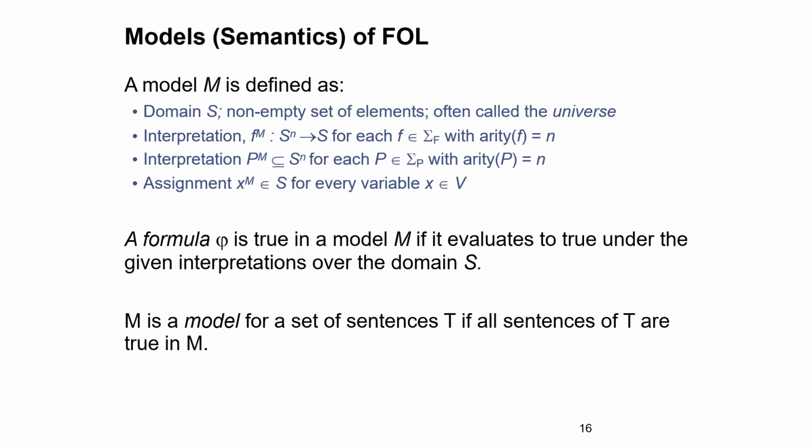So we would then have a function that, for example, takes n parameters. So plus, we said arity is 2, so it takes 2 parameters and gives us a third value. So it could take 1 and 2 as the parameters, and it will give us 3 as the result. But that's something the model has to give us. So this interpretation, that's something the model would give us.